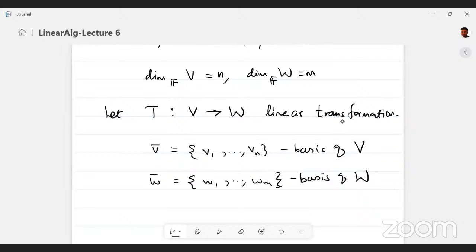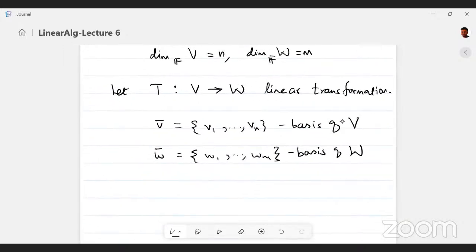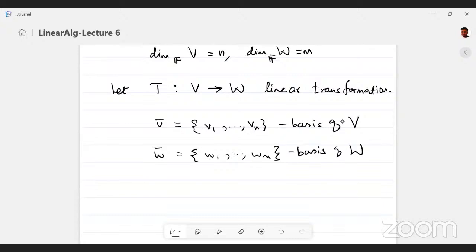Now we want to understand this linear transformation. This is the first thing one learns in linear algebra: if we have a linear transformation from V to W, then to understand it, it is enough to understand its action on the basis.